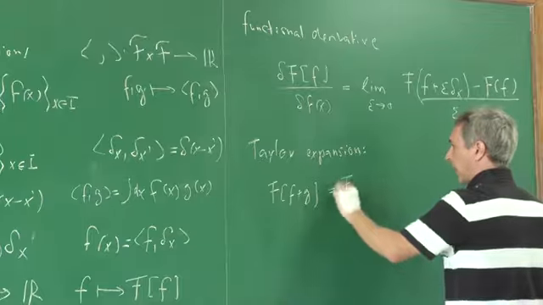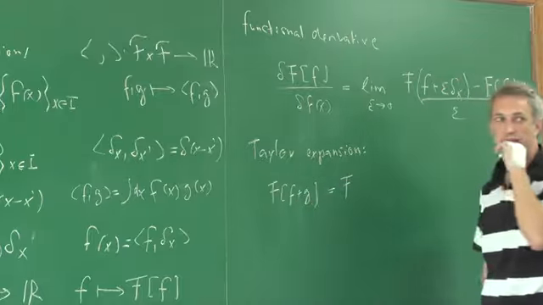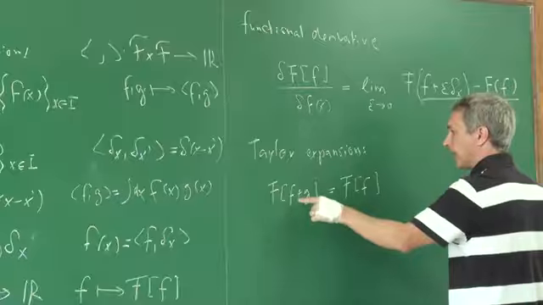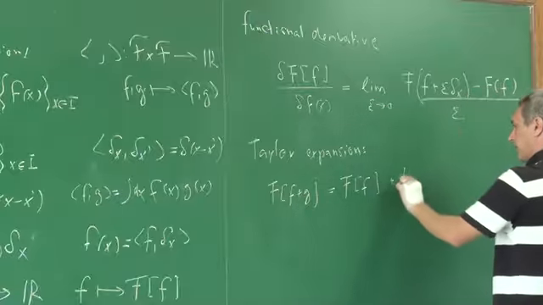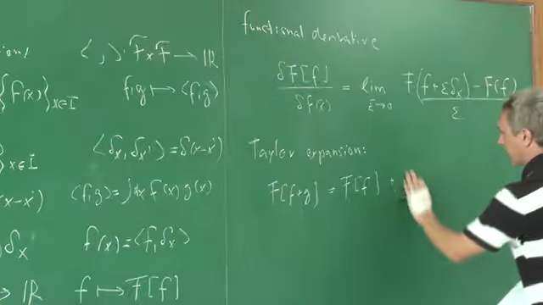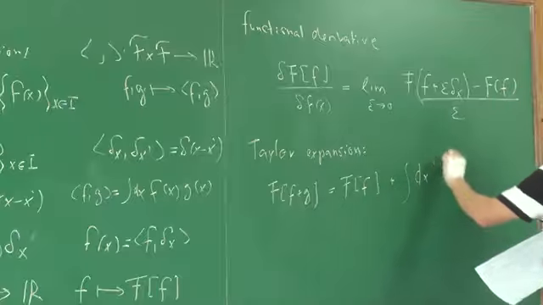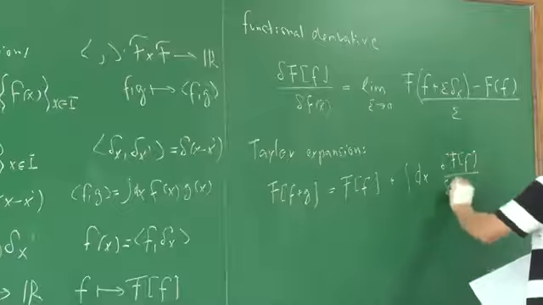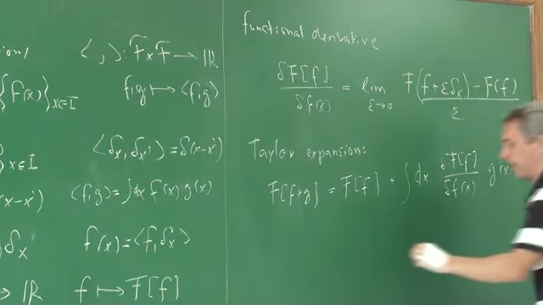So we can again think that g is some small perturbation around f, and we want to make a Taylor expansion around f with small g, so we can again just generalize the discrete case.